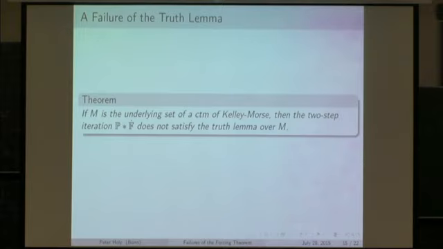If M is the underlying set of a countable transitive model of Kelley-Morse, to be the underlying set just means to be the first-order part, then the two-step iteration of this forcing P, which potentially produces a generic extension in which every ordinal is light-face definable, together with Coh-Friedman's forcing that I introduced before, does not satisfy the truth lemma over the model M. So this means there is a first-order statement which holds in some generic extension, but there's no condition in this generic filter which forces this statement.